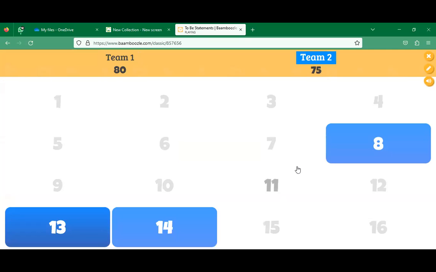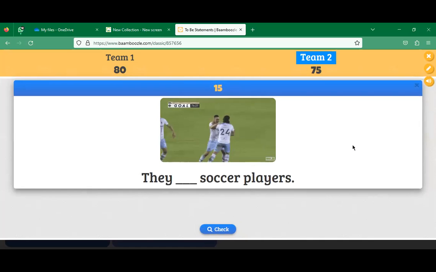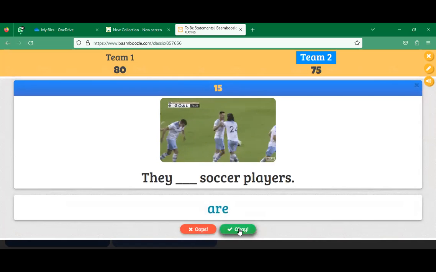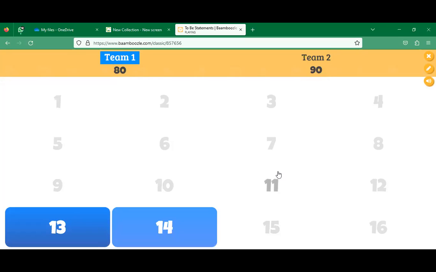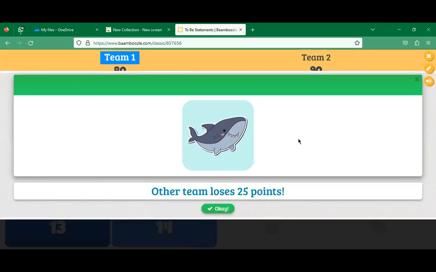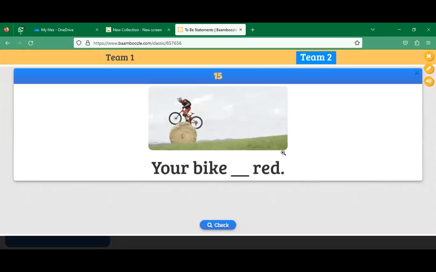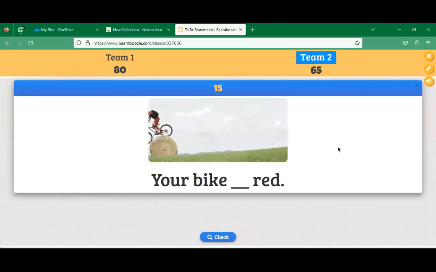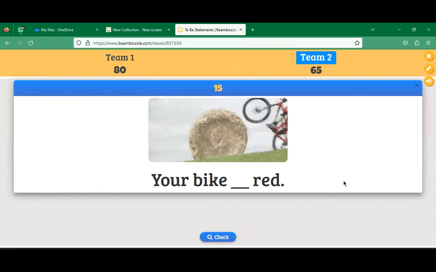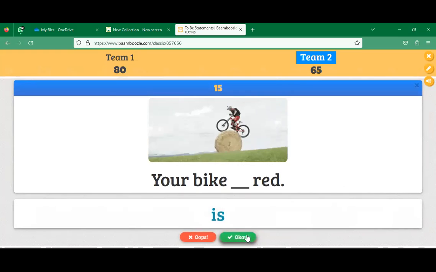Next one. 8. Okay. Are. Awesome. Next one. 14. And the last one. 13. Is. Is red. Excellent.